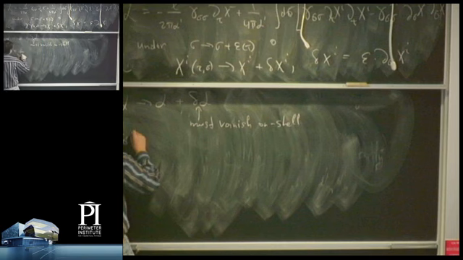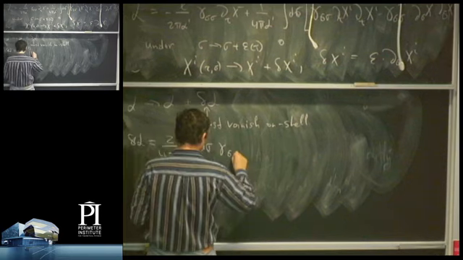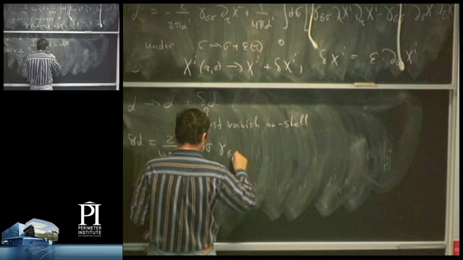So I have 2 over 4 pi alpha prime, and then I have an integral from 0 to L, d sigma, gamma sigma sigma, and then here I have del tau X^i, del tau sigma X^i times epsilon.